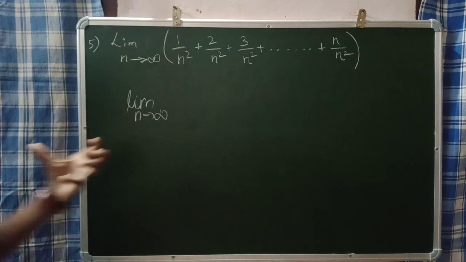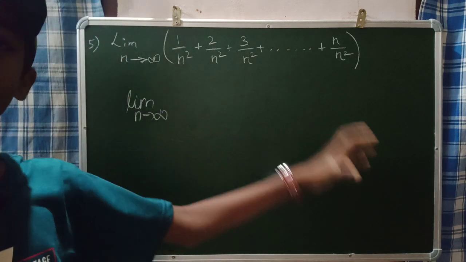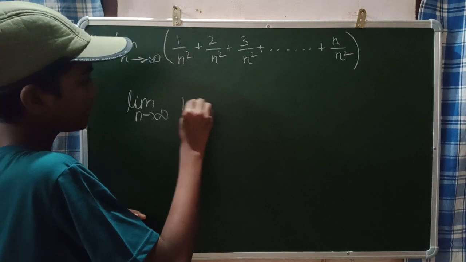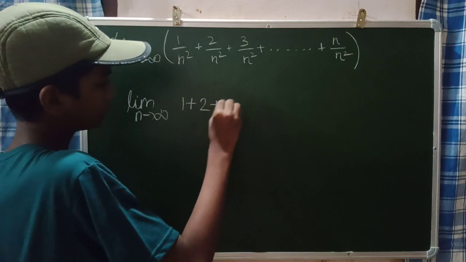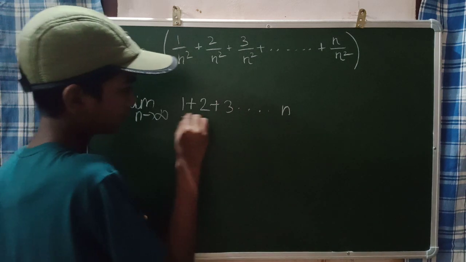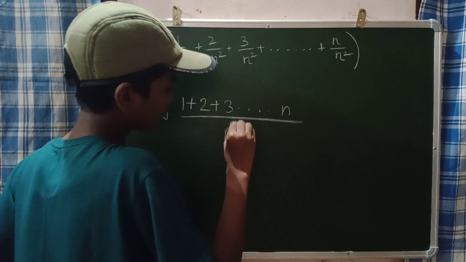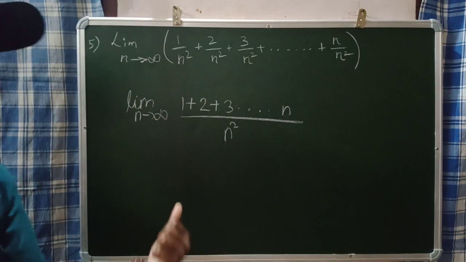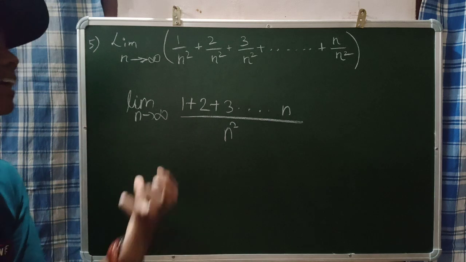That means it's the same for every fraction, so I can add the numerators directly, which will be nothing but 1 plus 2 plus 3 plus, and it's going on up to n, divided by n square, because your denominator is common.